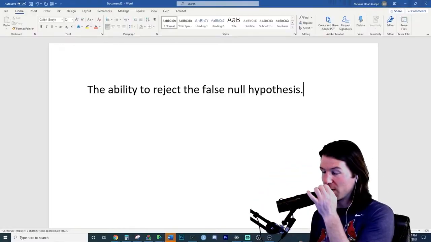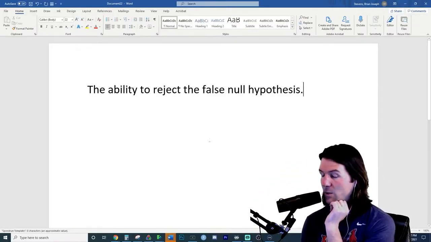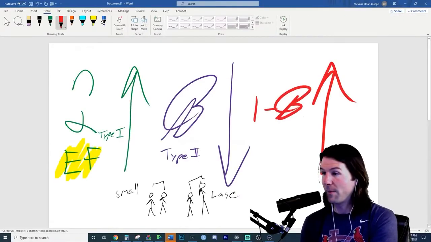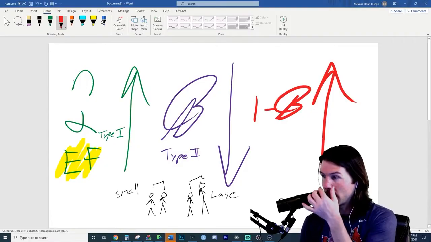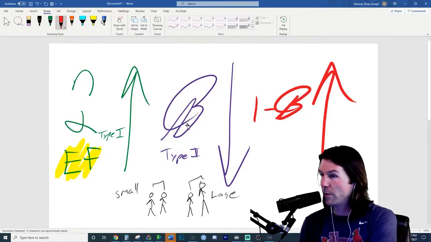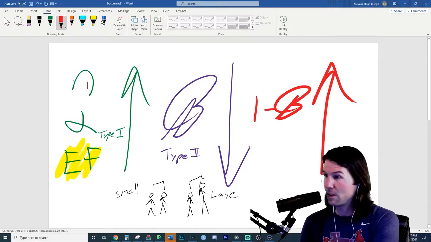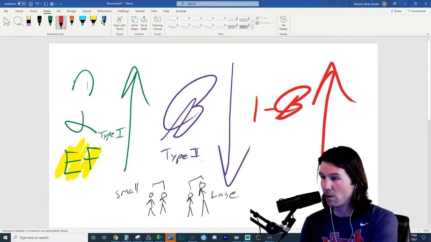So the probability of us rejecting the false null hypothesis is power. It's basically not making a type 2 error. So if you notice, power is the complement of beta. Beta is making a type 2 error. Power is the ability to reject the false null hypothesis. So if the null hypothesis is false, we shouldn't make a type 2 error.